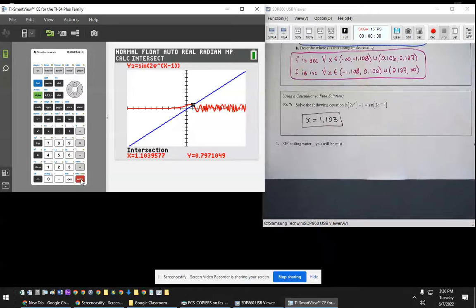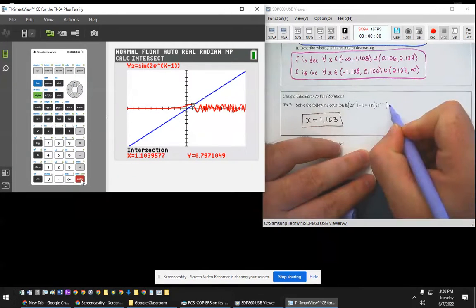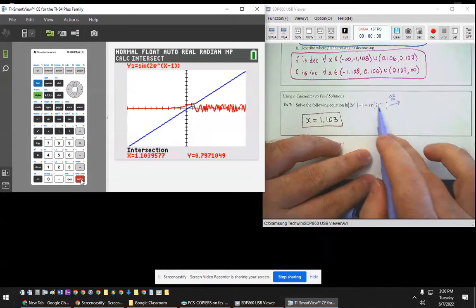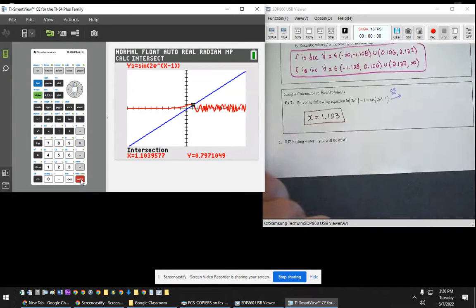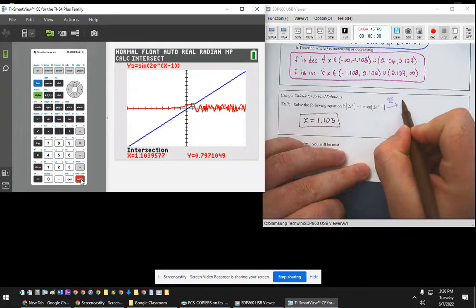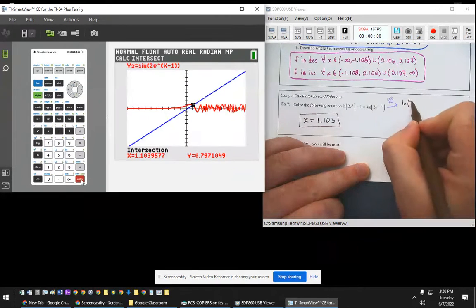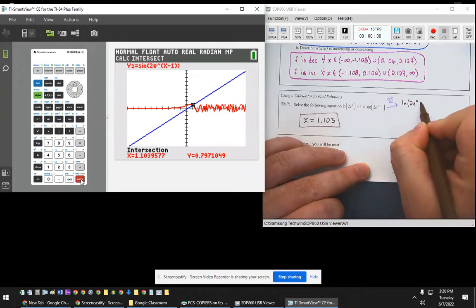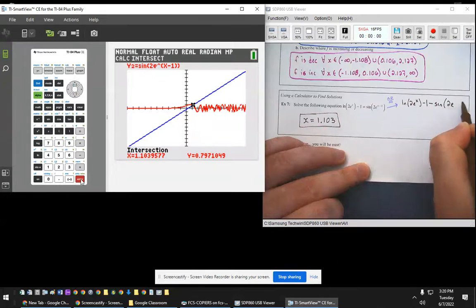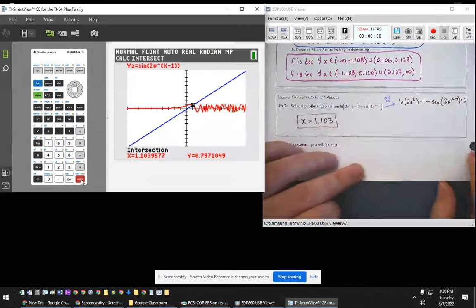Now, there is an alternate way to do this. You also have the option of taking the equations and setting them equal to 0, or I can bump this over. And so my equation would now say natural log of 2e to the x minus 1 subtract sine of 2e to the x minus 1 equals 0.